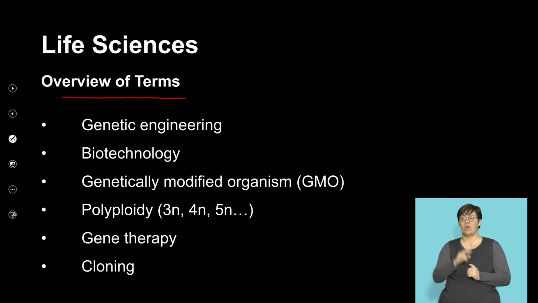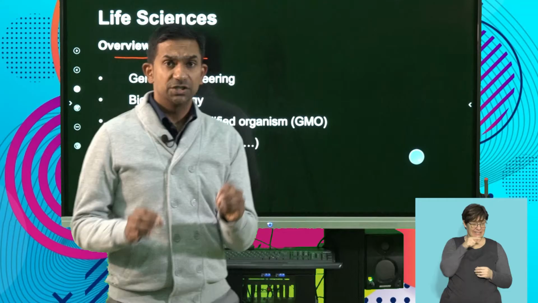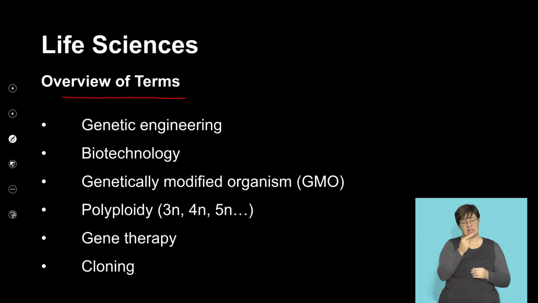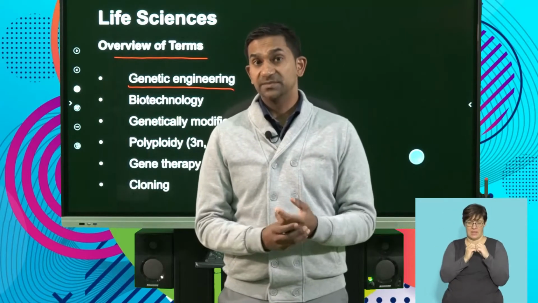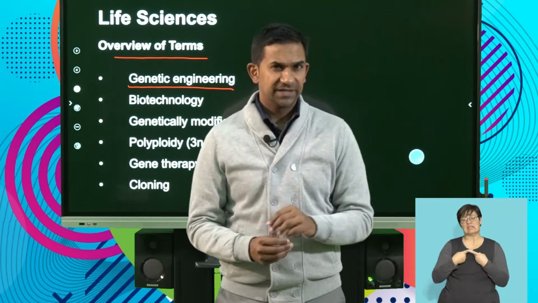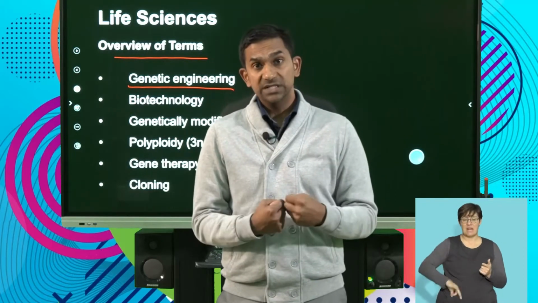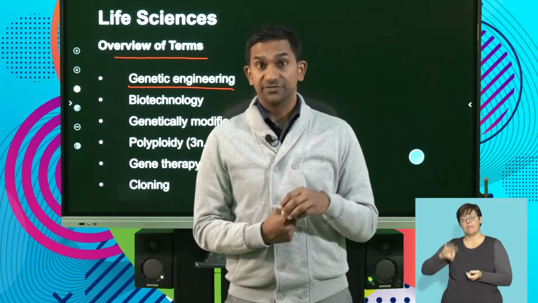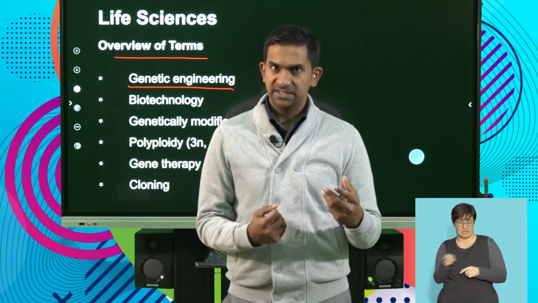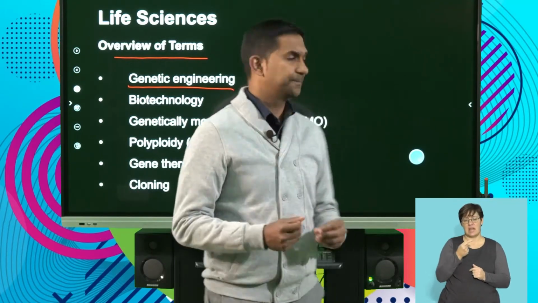So let's look at some terms related specifically to genetic engineering. Guys, the concept of genetic engineering is being able to engineer, change, make an organism that is genetically different, and that is either to the benefit of the organism or to the benefit of the person that is manipulating them. In this case, it would be the genetic engineer.